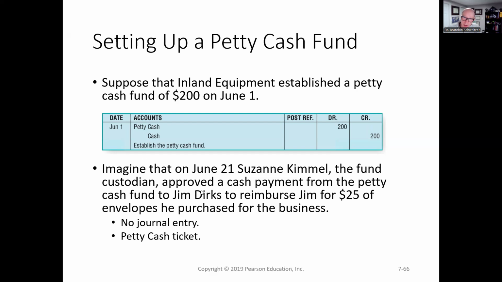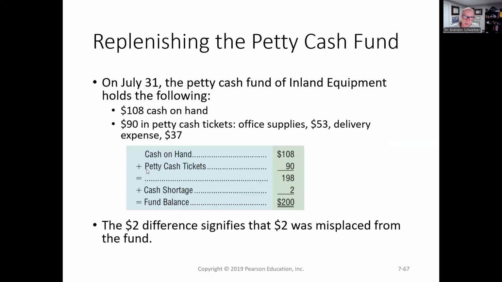So let's see, we have $25 reimbursement for envelopes, and $108 in cash on hand at the end of the month. We take all of our receipts. We then make journal entries based off of all those receipts, and we reimburse the petty cash fund.